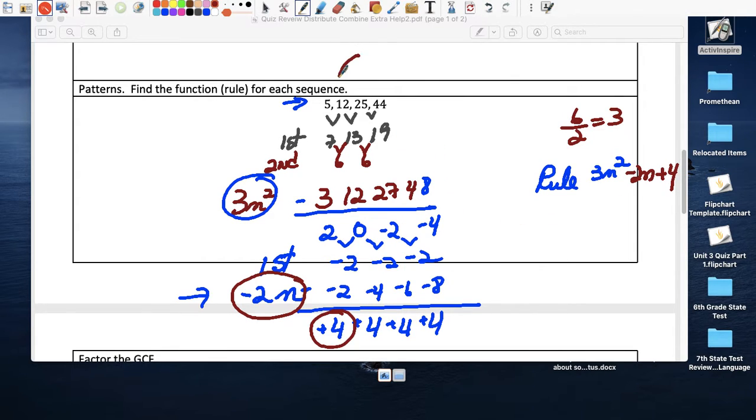So just to check, let's plug in 1 for n, and we should get the number 5. If we plug in 2, we should get 12. If we plug in 4, we should get 44.